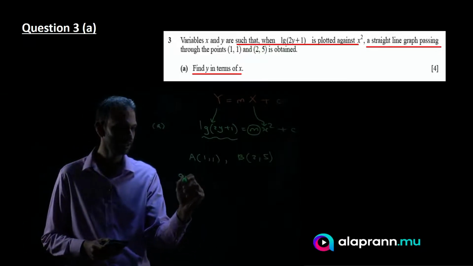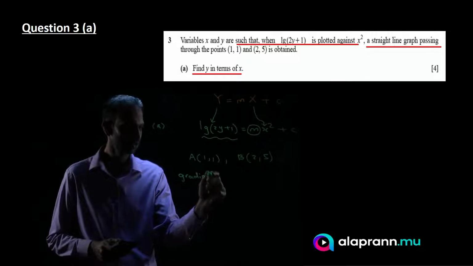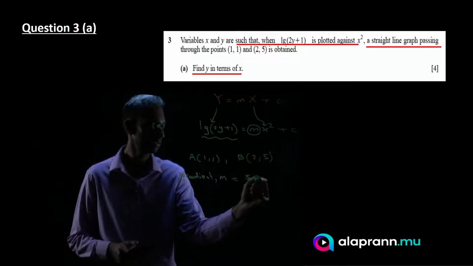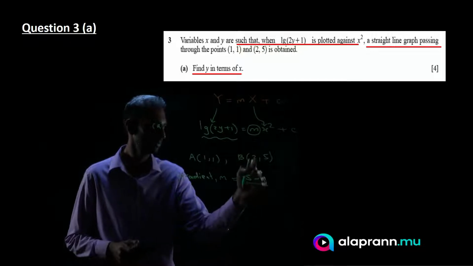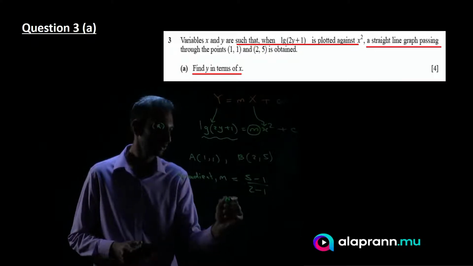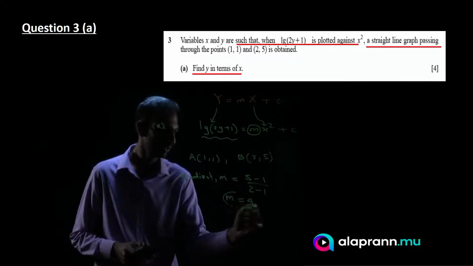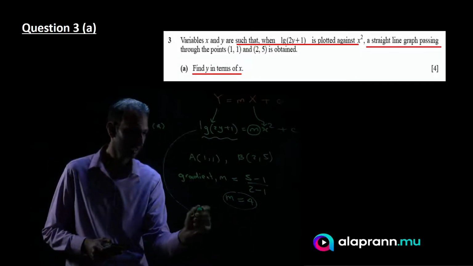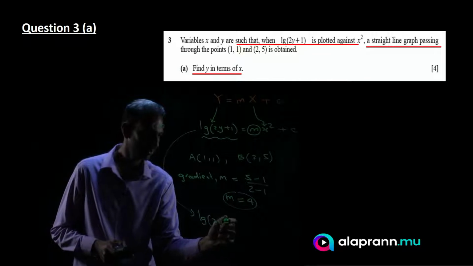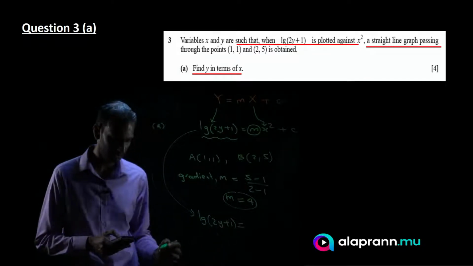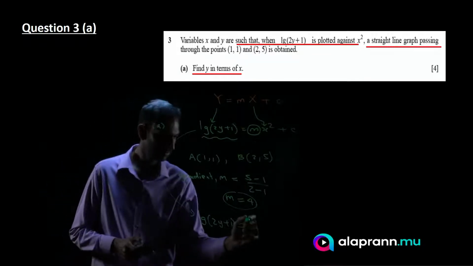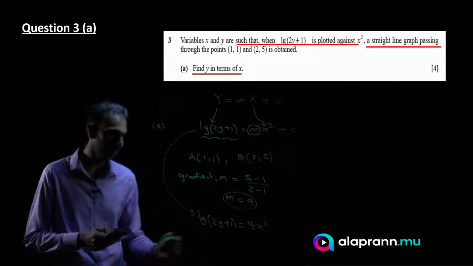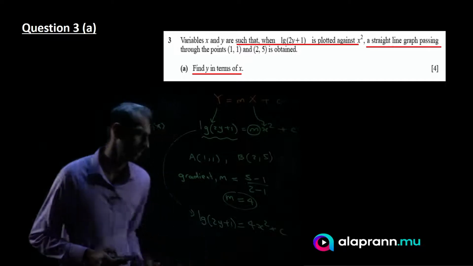So gradient, which is m, is 5 minus 1 divided by 2 minus 1. So gradient is equal to 4. So we got the gradient. So I can rewrite my equation as log of 2y plus 1 is equal to gradient, which is 4x squared, plus the y-intercept, which is c.